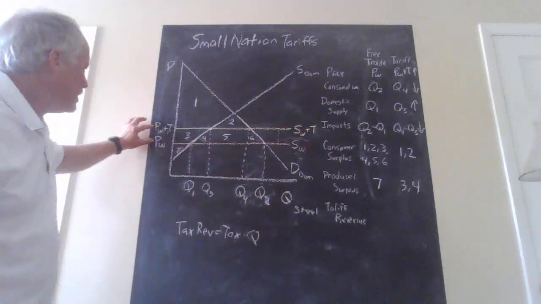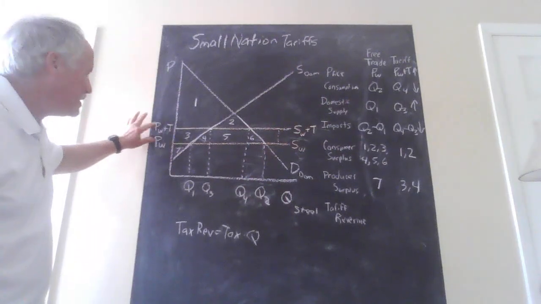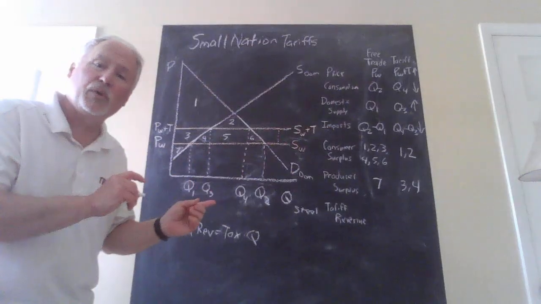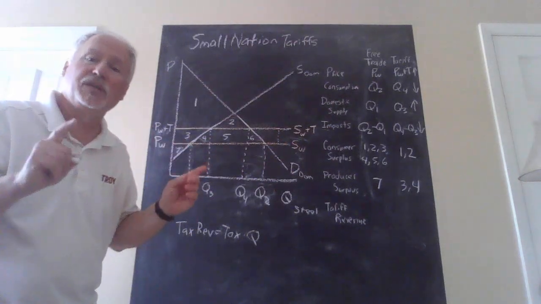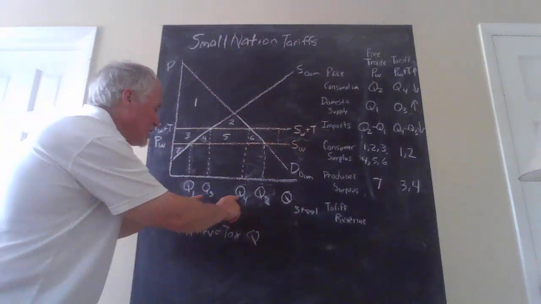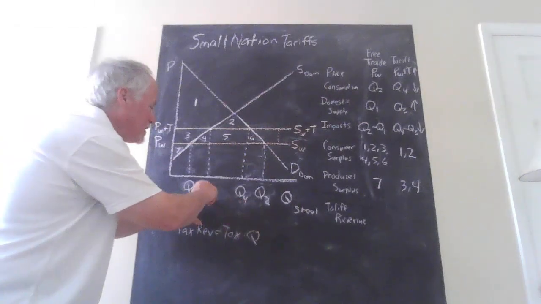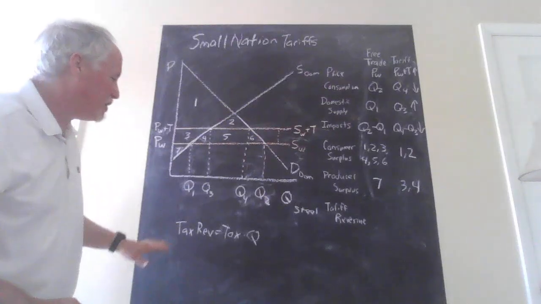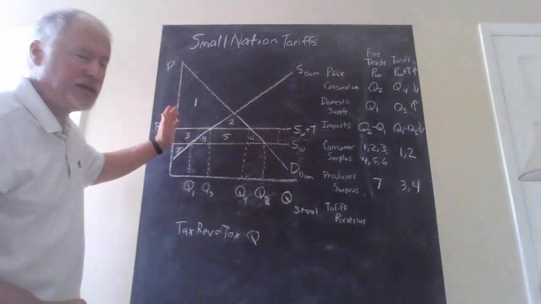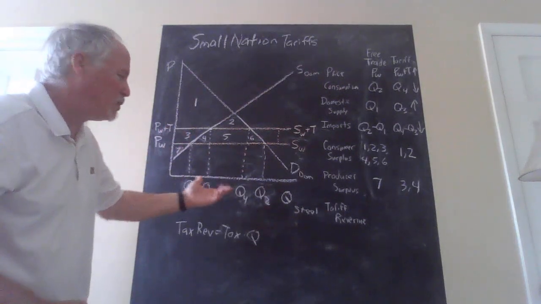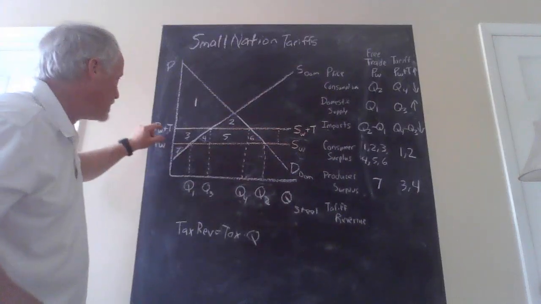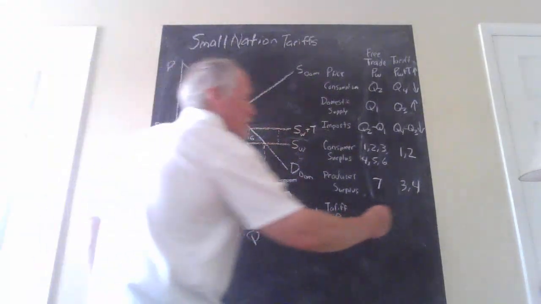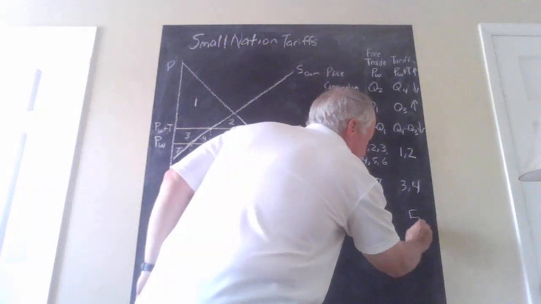So the amount of the tariff here is the vertical distance between these two curves, and then it gets applied to imports, not imports of free trade, but the imports that we observe in the tariff equilibrium. That's between Q3 and Q4. So tax revenue is always the amount of the tax for a commodity tax, multiplied by the quantity that gets sold with that tax in place. There's the tax, there's the quantity sold. So that's area 5. Area 5 is going to be tariff revenue.